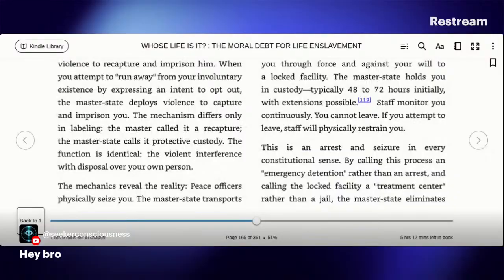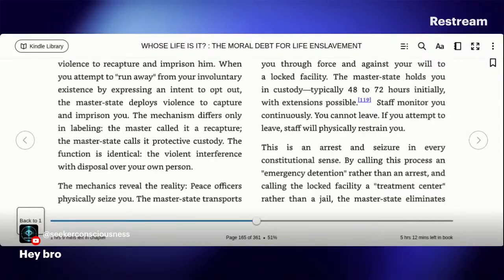When you attempt to run away from your involuntary existence by expressing an intent to opt out, the master state deploys violence to capture you and imprison you. The mechanism differs only in labeling. The master state calls it recapture. The master state calls it protective custody. The function is identical: the violent interference with disposal over your own person.